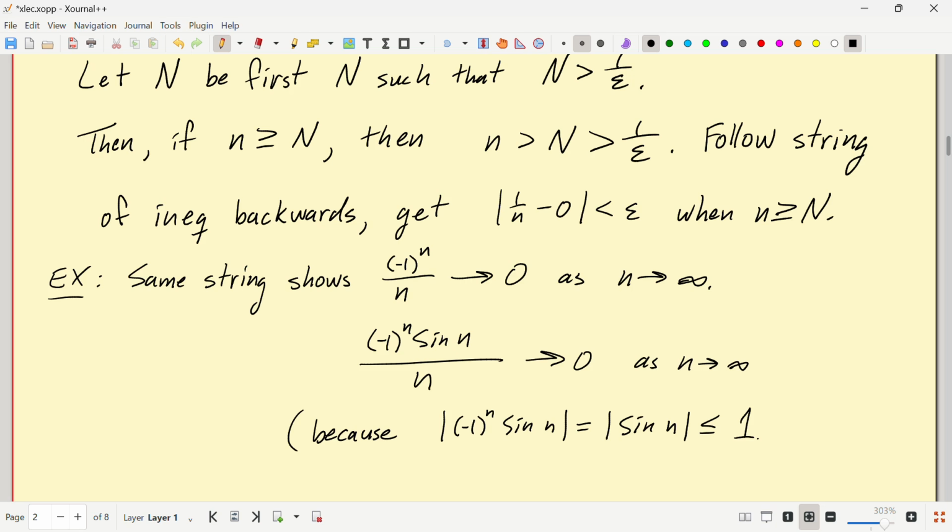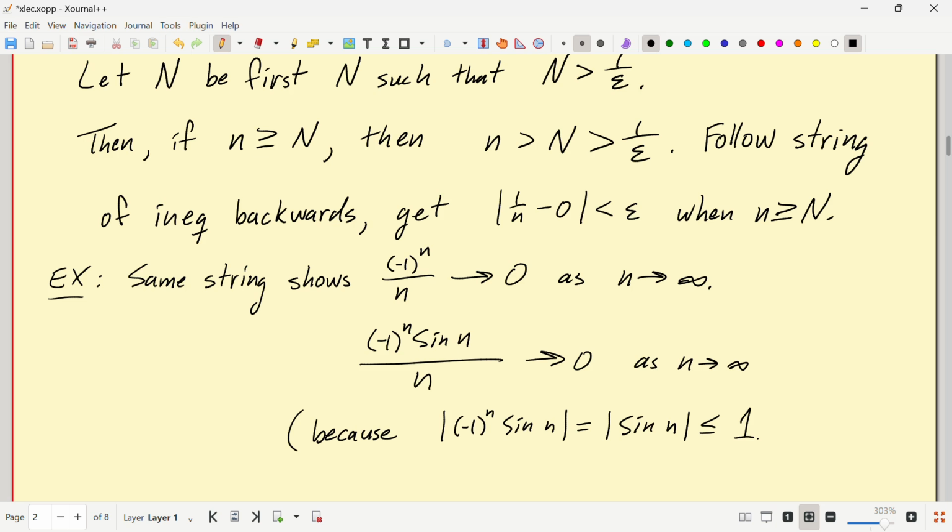And the reason is, sine of n pi is 0. And since pi is irrational, you can find rational numbers that are close to pi.